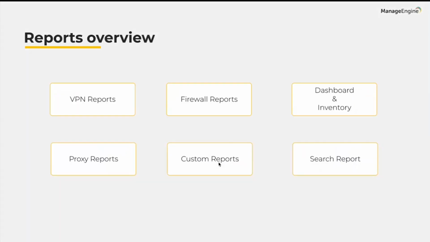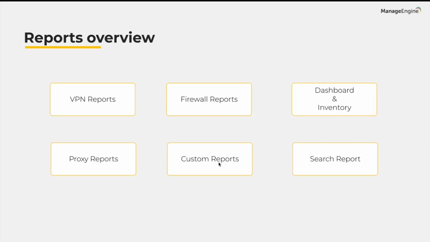Firewall Analyzer provides a wide range of reports. Here, VPN reports provide detailed VPN analysis, which helps you plan the VPN bandwidth and capacity. The firewall reports are a combination of firewall security and traffic analytics. We have the dashboard and the inventory report, where these reports give a high-level overview of all firewall stats.